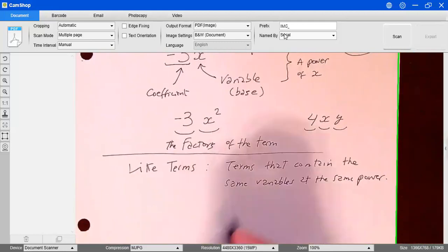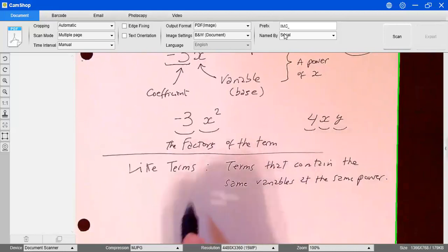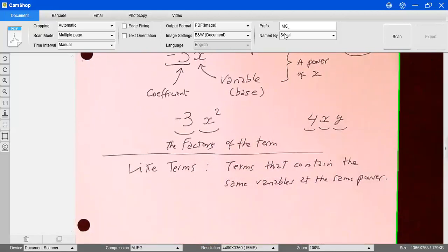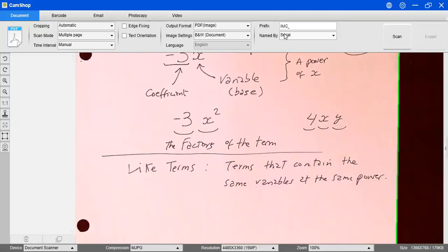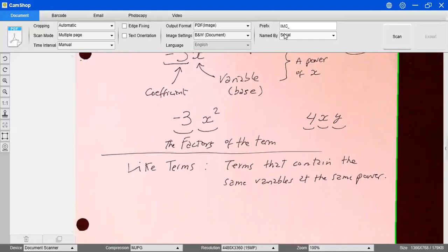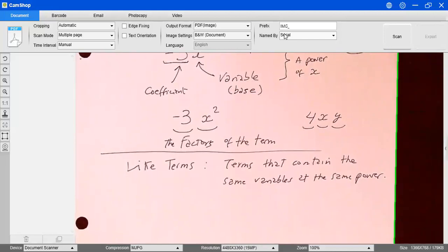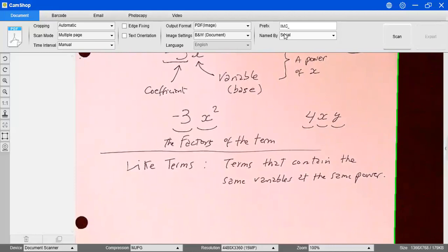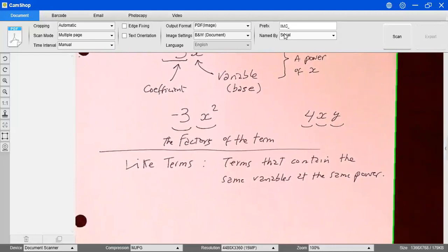So this is important. So to have like terms, the coefficient doesn't matter. And this is important because later we need to learn how to identify like terms, because you're gonna need to combine like terms to simplify algebraic expression.